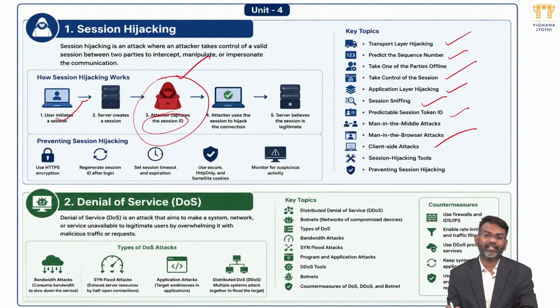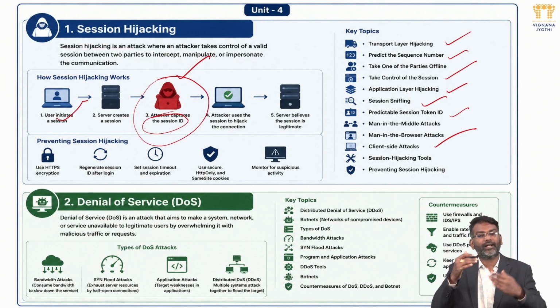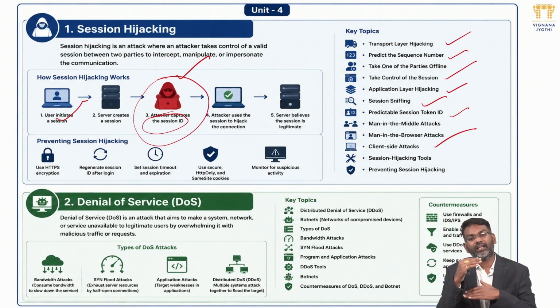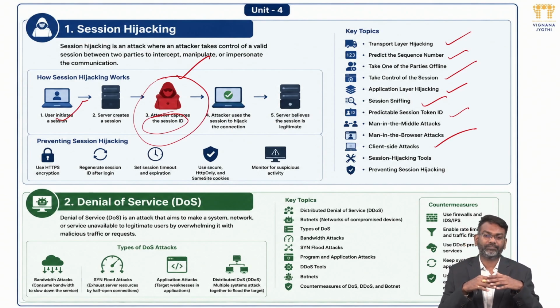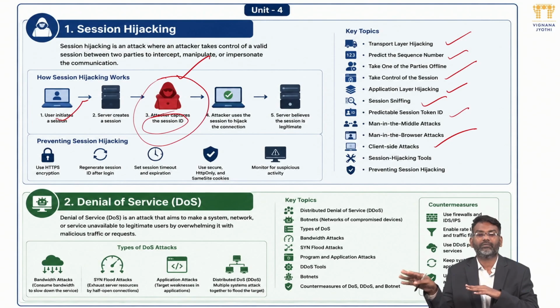So this is the session hijacking part, and in the second part of the syllabus, we'll mainly be talking about denial of service, or DoS attacks. The attacker will be pumping multiple requests to the genuine, or legitimate, server and making the server busy, so that if any legitimate source sends a request to be processed, as the server is already busy serving the requests pumped by the attacker, the legitimate sender's request will not be processed.